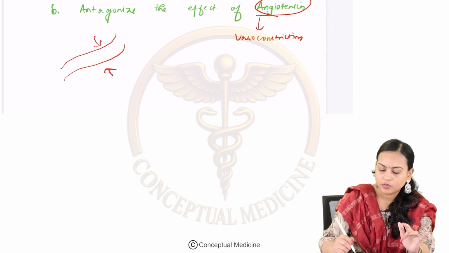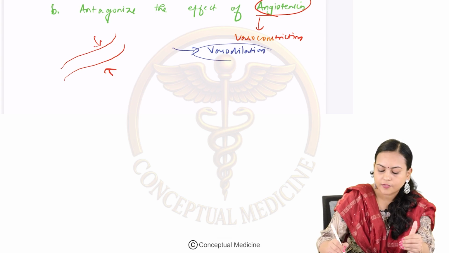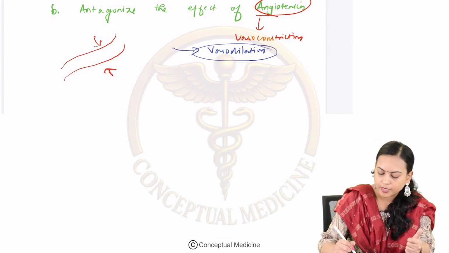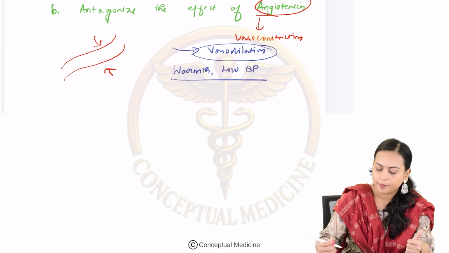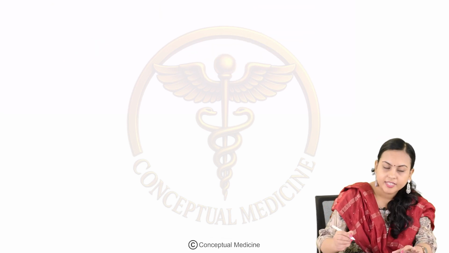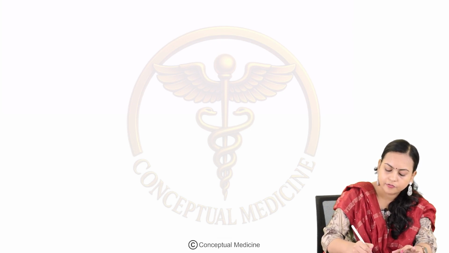But progesterone is going to oppose this action and bring vasodilation. Because of this vasodilation by progesterone, there is warmth and low BP that is felt by the mother during pregnancy.